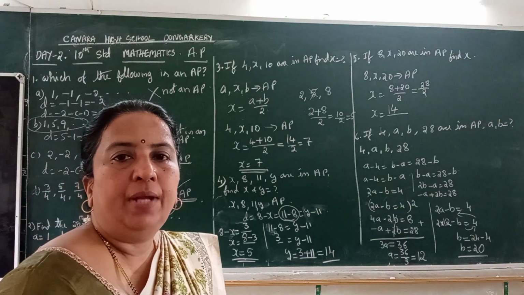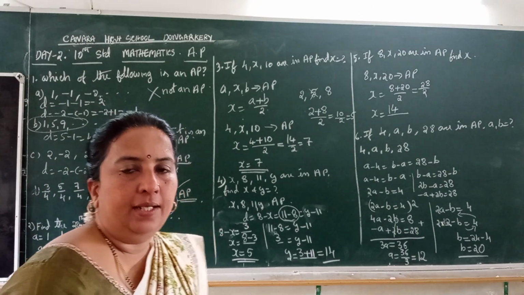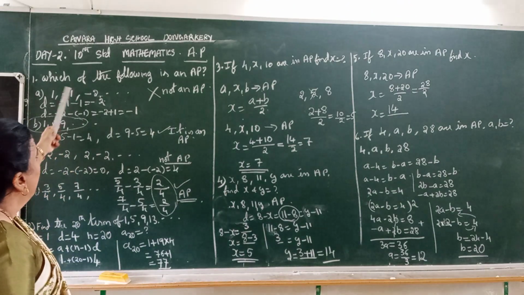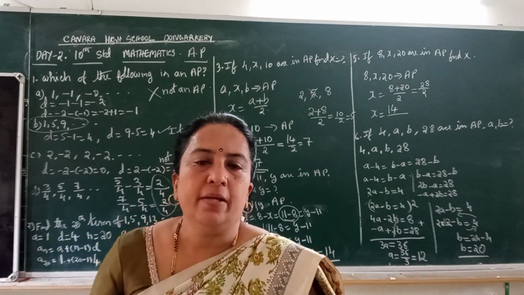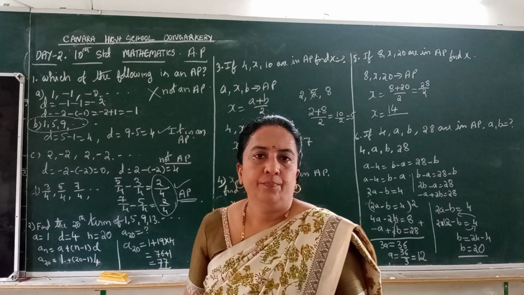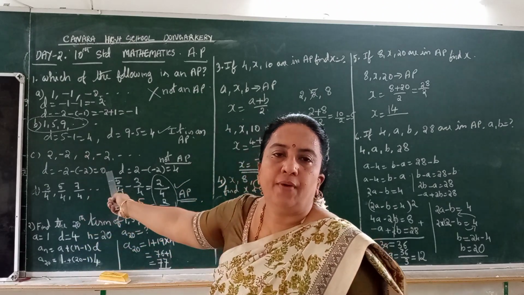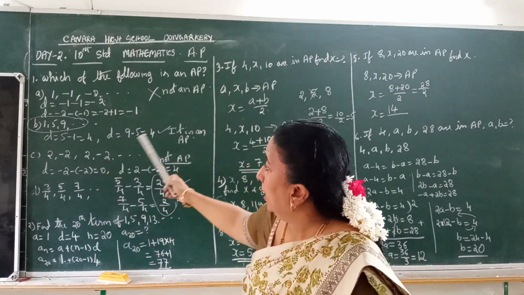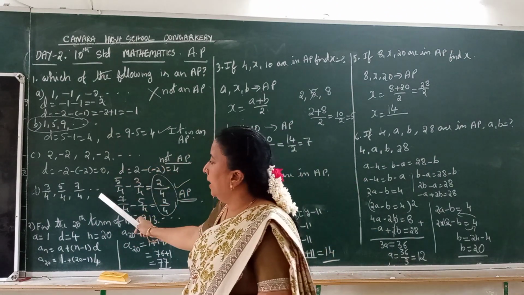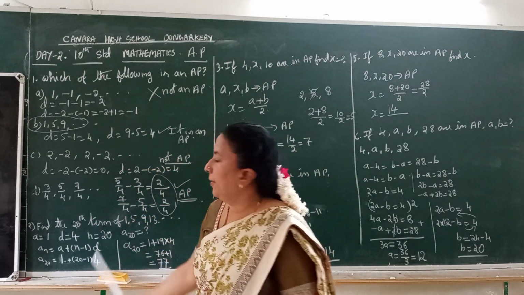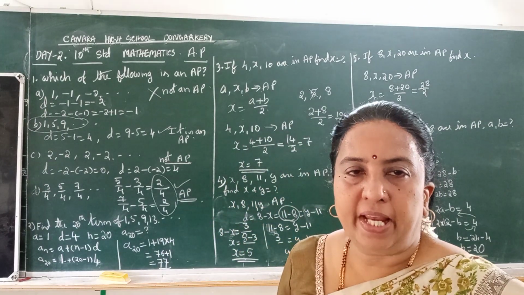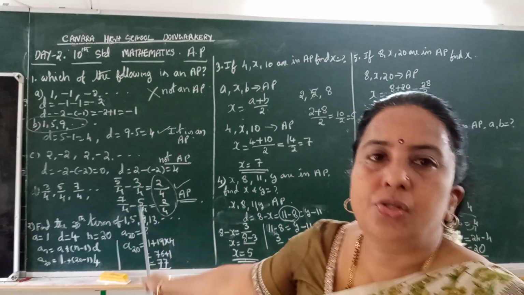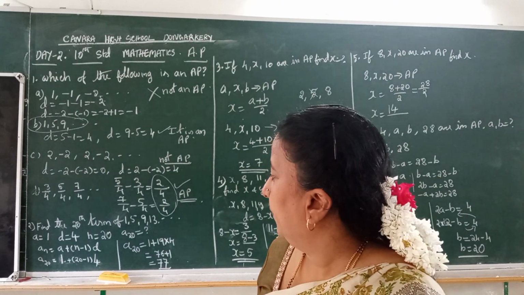Now just see what we have studied in today's class. First we identified which given sequence is an AP. Therefore we have to find the common difference. In 1, 5, 9 and 3 by 4, 5 by 4 and 7 by 4, common difference comes same. Therefore those two are in AP.